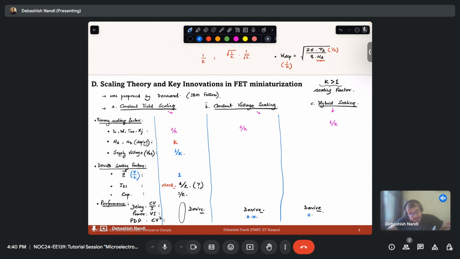This you please do as part of your homework, okay? In this case, what is the constant voltage scaling different? Supply voltage does not scale, so your electric field will be increased, okay?